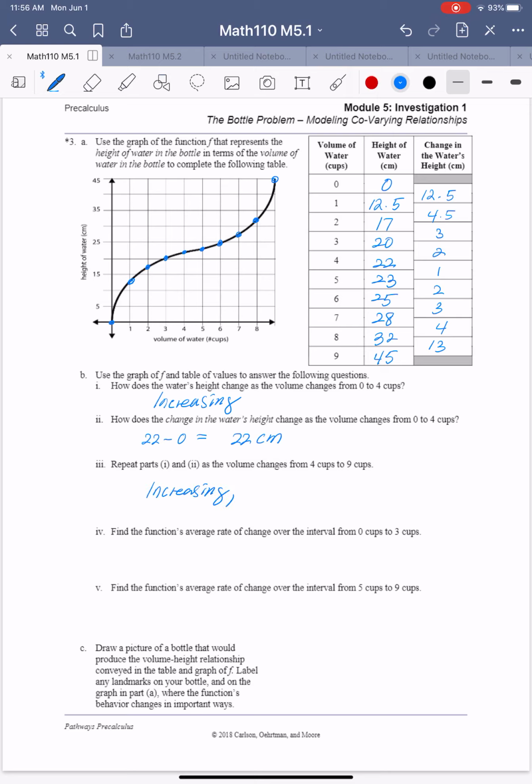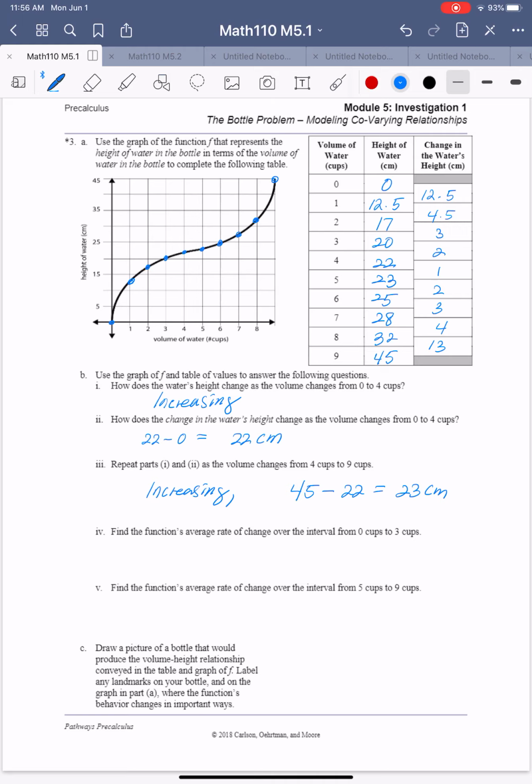And then number 2, how much increasing? So 9 cups makes 45 centimeters, and 4 cups makes 22 centimeters. So it becomes a 23 centimeter increase. Then find the function's average rate of change over the interval from 0 cups to 3 cups.